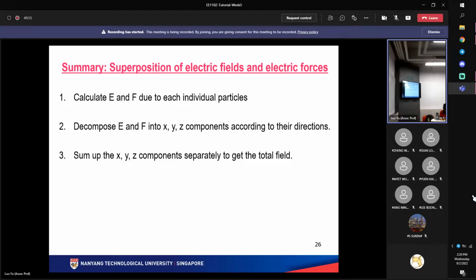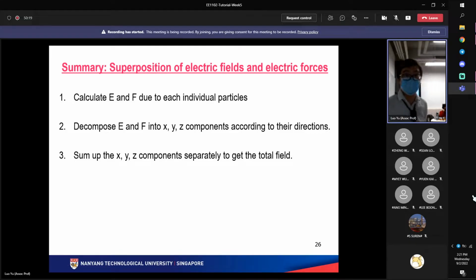You need to decompose E or F into its X and Y components. Okay, you need to decompose F and E into its X, Y, and Z components. So the last step is you just sum up F, the X, Y, and Z components separately, then you can get the total force.